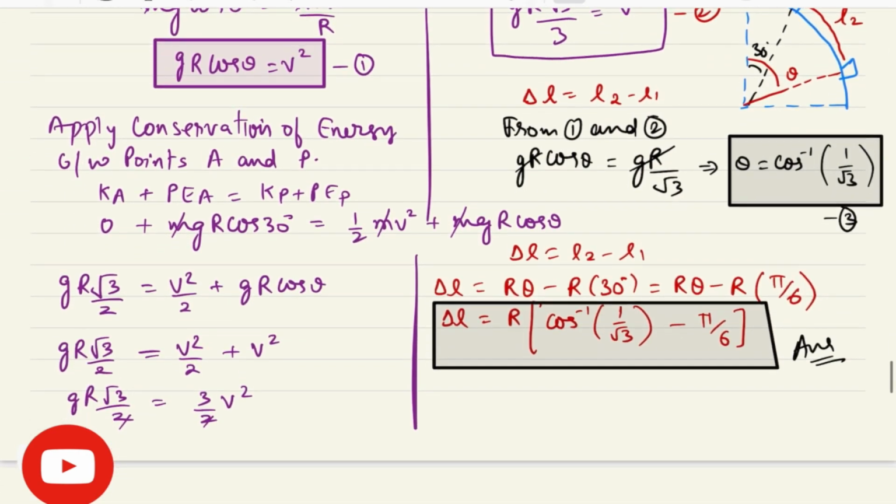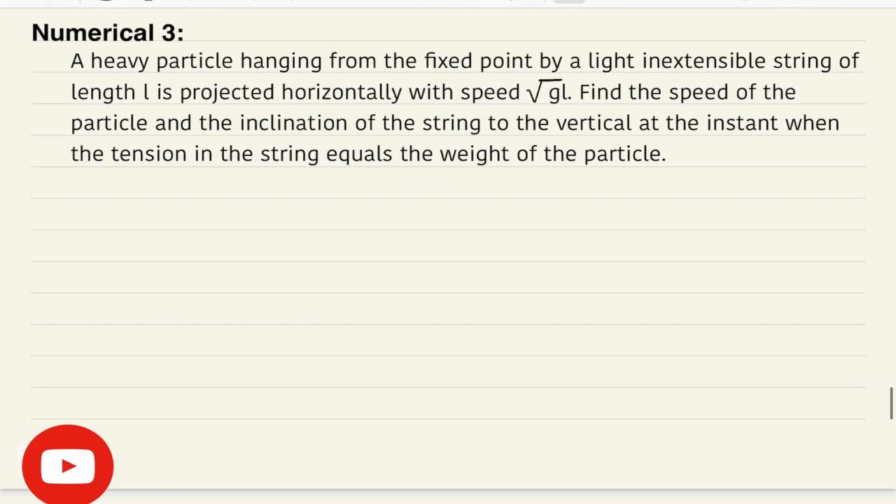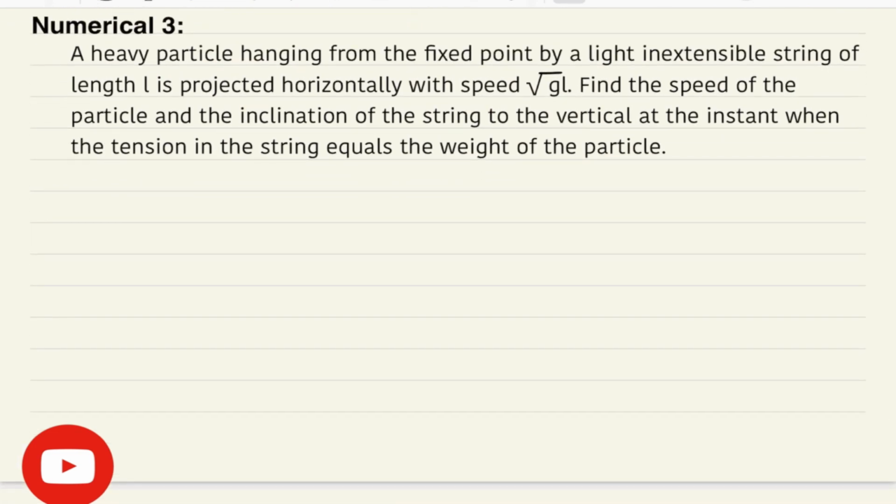All right, let's move to numerical number third. It is again very interesting. What it says: a particle hanging from a fixed point by a light inextensible string of length L is projected horizontally with a speed root of gL.